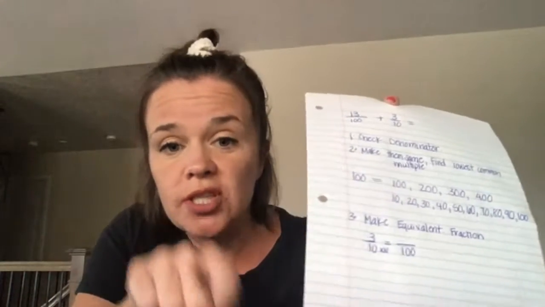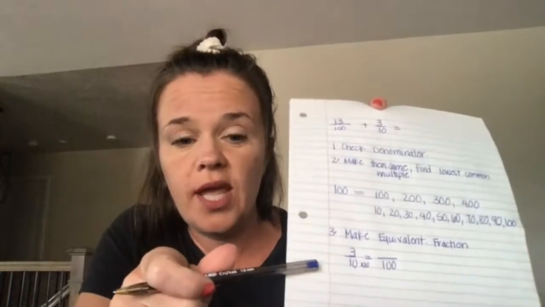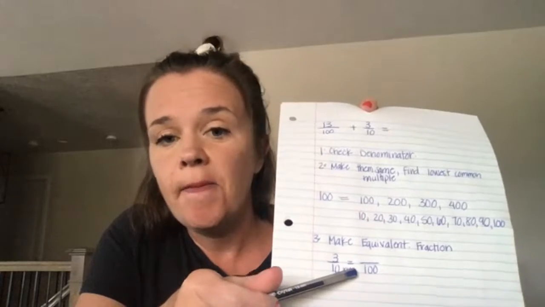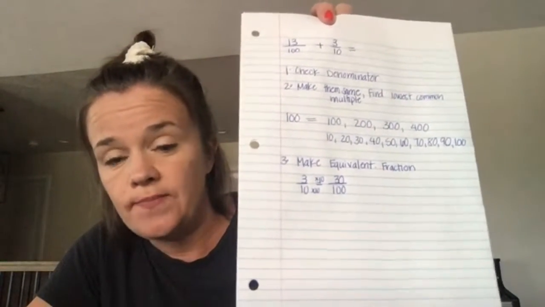So what you do to the bottom, you always, always, always have to do it to the top, okay? So if I multiply 10 by 10, I have to multiply 3 by 10, okay? 3 by 10, so I'm going to multiply that. And we all know that 3 times 10 equals 30, right?